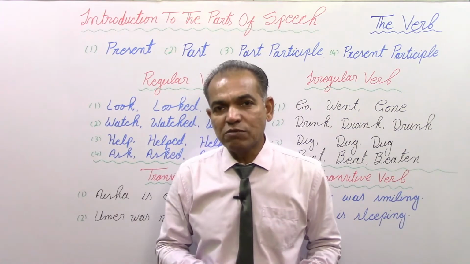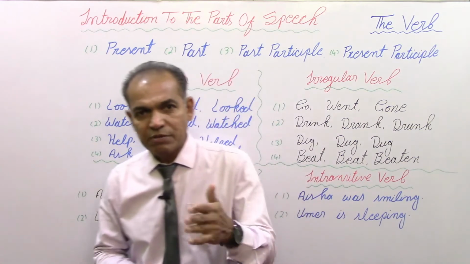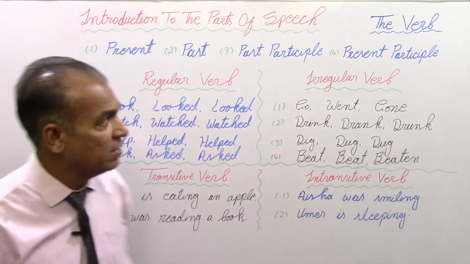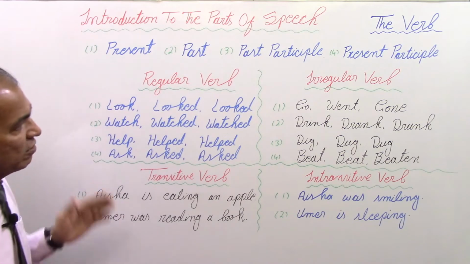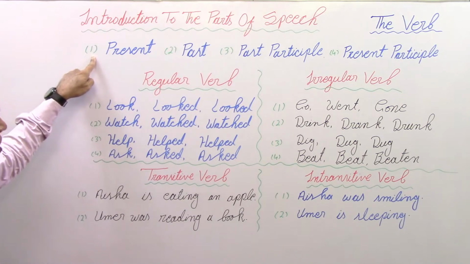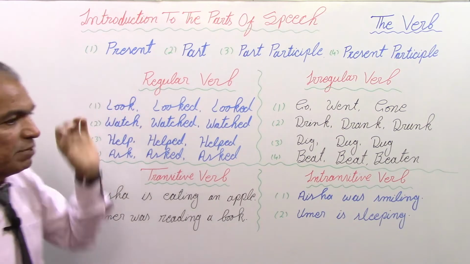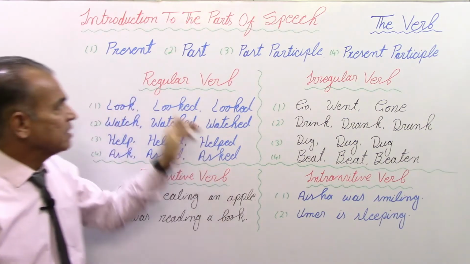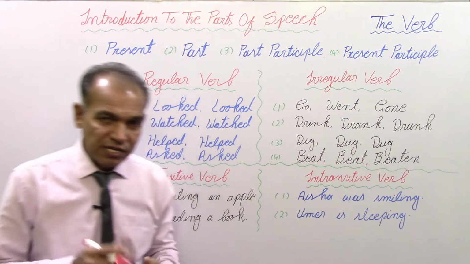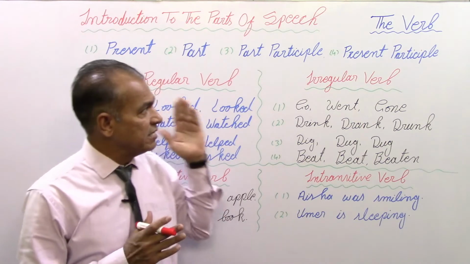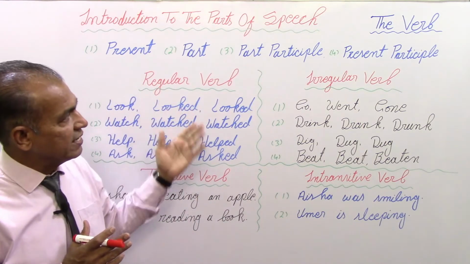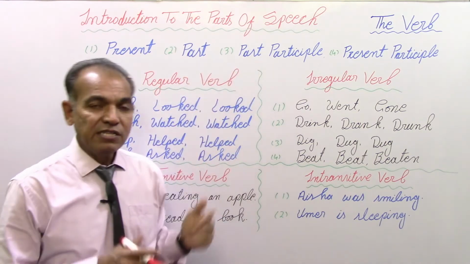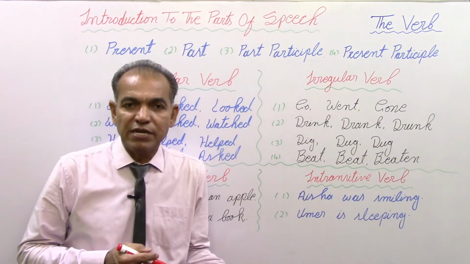So what are the names of these forms? What is the name of first form, what is the name of second form, what is the name of third and fourth form? So I have given here the names of these four forms. Guys, first form is called present. The personal name of first form is present. Guys, if you have learned the names of these verbs, these will also help you learn some other things in English.